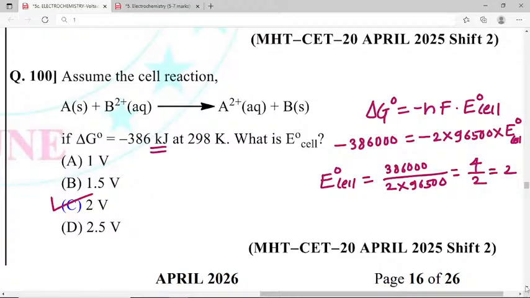So E naught cell is equal to 386,000 divided by 2 multiplied by 96500. The zeros get cancelled, and 9 and 38 4, a multiple of 4. So 4 by 2 is equal to 2. Correct. Next question, number 100 completed.